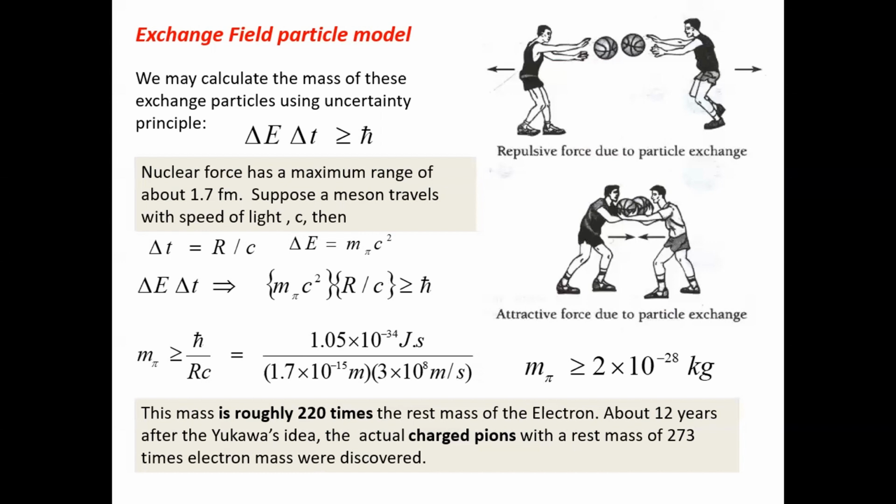For the case of electromagnetic interactions, the exchange particles are the photons. The photons have almost zero mass, and therefore, for zero rest mass, their range is almost infinite. So the electromagnetic interactions are taking place at very large distances. However, for the weak interaction and for the strong nuclear interaction, the exchange particles are massive. And once they are more than the mass of the electron, they cannot travel far away.